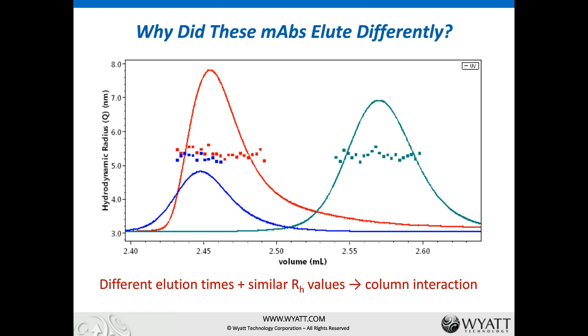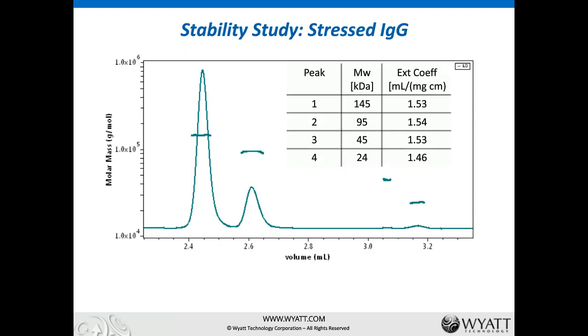We use the setup to study different stressed IgGs. Here is an example. So we see the monomer peak as the major peak, and there are three main fragments. So the MicroDAWN and UTRex revealed molecular weights and extinction coefficients for those fragments, which help us to identify the different types of the fragments.